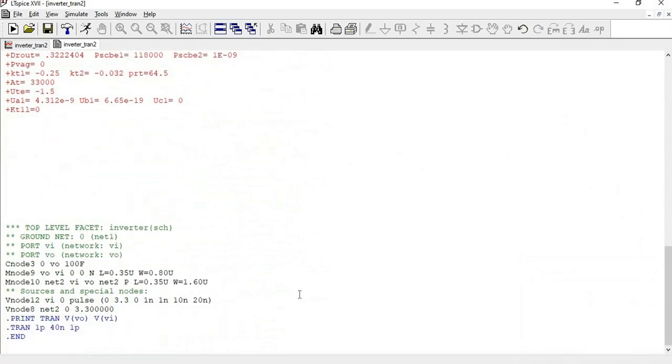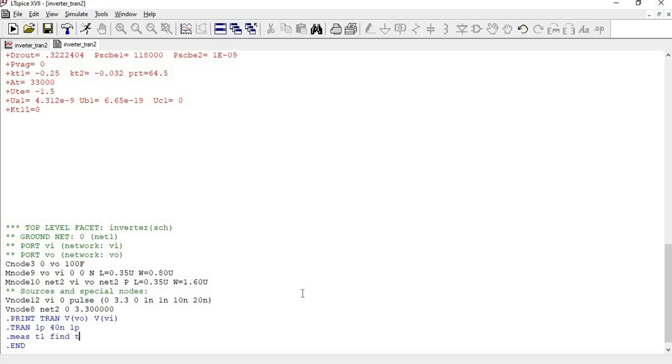After the transient, you can use again the measure command. We need to get the time difference between the time delay from your input to output. So .measure followed by a variable name. Let us use T1.